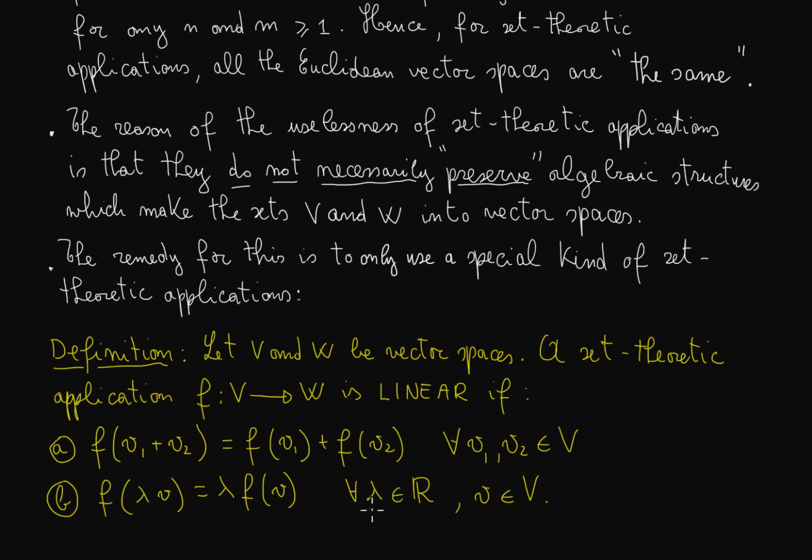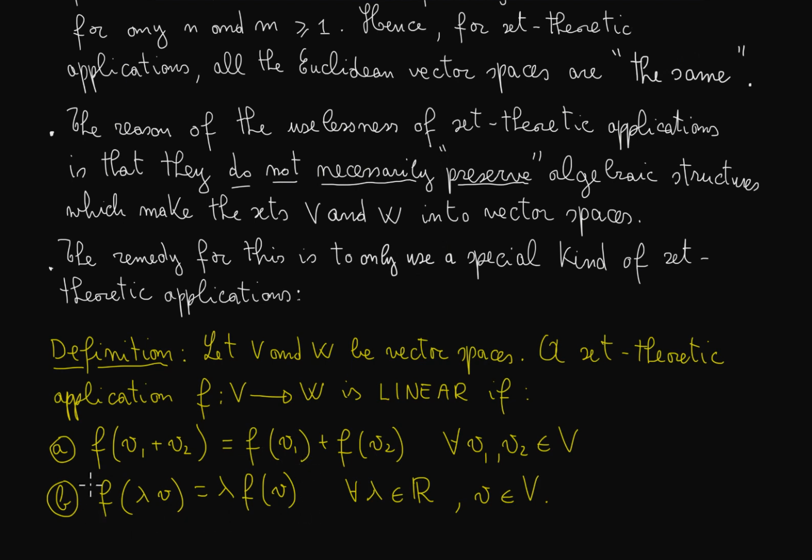Lambda is a scalar. These two vector spaces are assumed to be vector spaces over R, like all the vector spaces in this course. But V does not act on R. R is completely separated from V and W. It just lives somewhere else, and f is just defined on v and w.